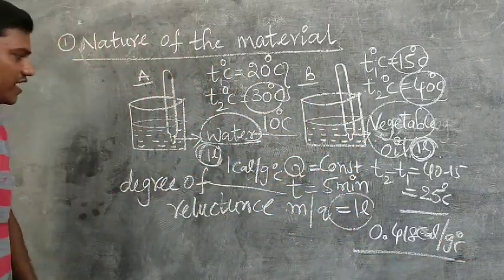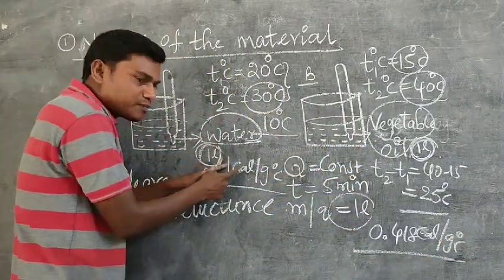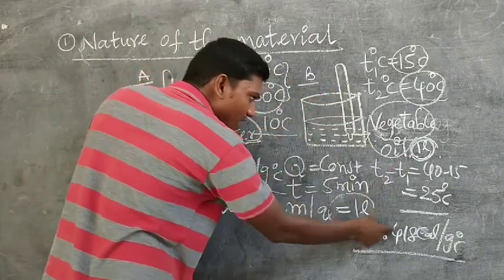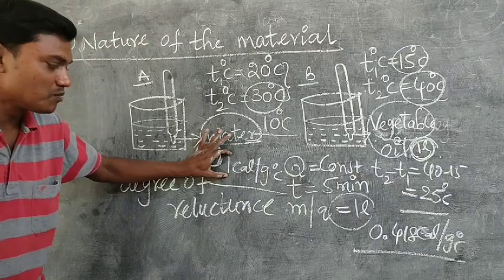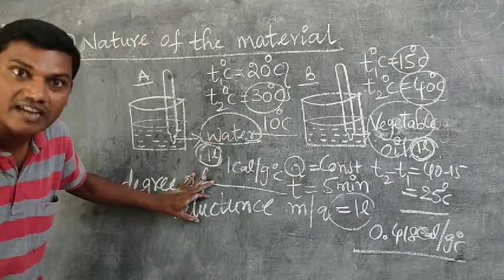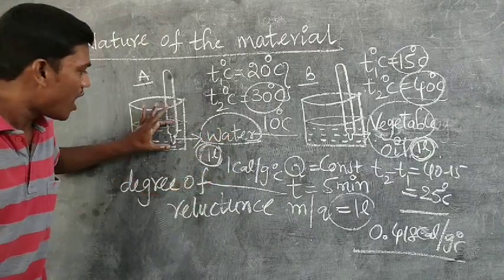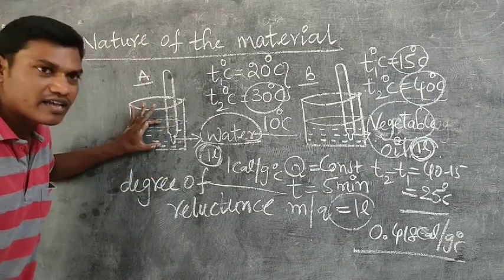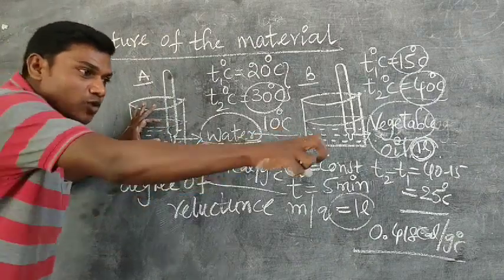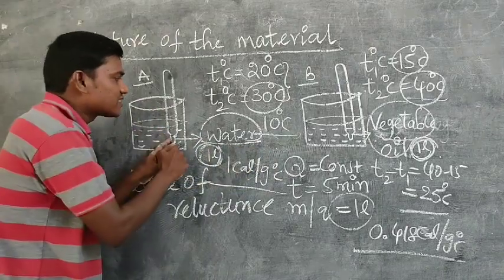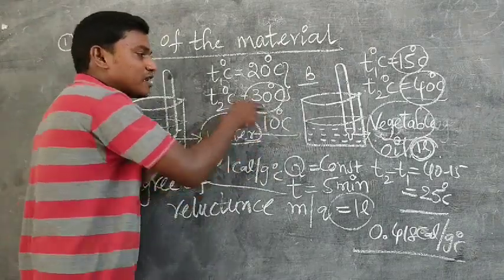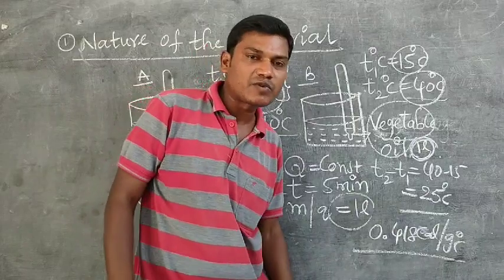Now here we are observing that the water has higher specific heat than the oil in this activity. And what I say is that if specific heat is more, degree of reluctancy is also more. Due to that, when you heat the water, it is unwilling to absorb heat energy very fast. Due to that, its temperature rises only a little bit when compared to the oil.